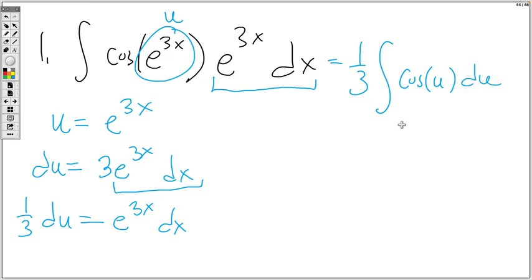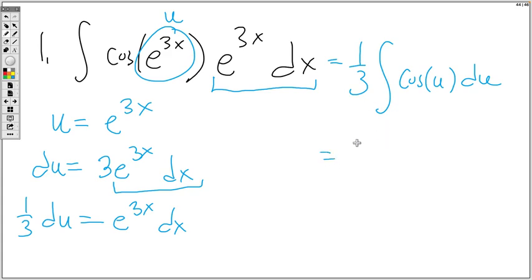And then that would be your du. So no matter which method you used, you should get a 1/3 out front, and then integrating cosine u du. Any questions on the substitution there? See where the third's coming from?